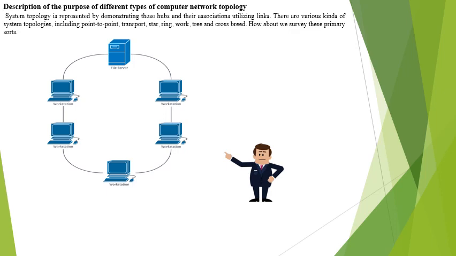So the diagram shows the flow of the network topology. A file server to a workstation to another workstation, a workstation to another workstation, and that workstation to another workstation, and at last back to the file server.